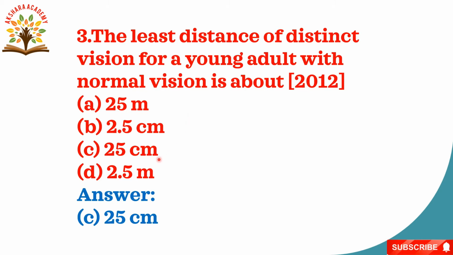The minimum distance at which objects can be seen most distinctly without strain is called the least distance of distinct vision. It is also called the near point of the eye. For a young adult with normal vision, the near point is about 25 centimeters. The answer is 25 centimeters. Okay, next.